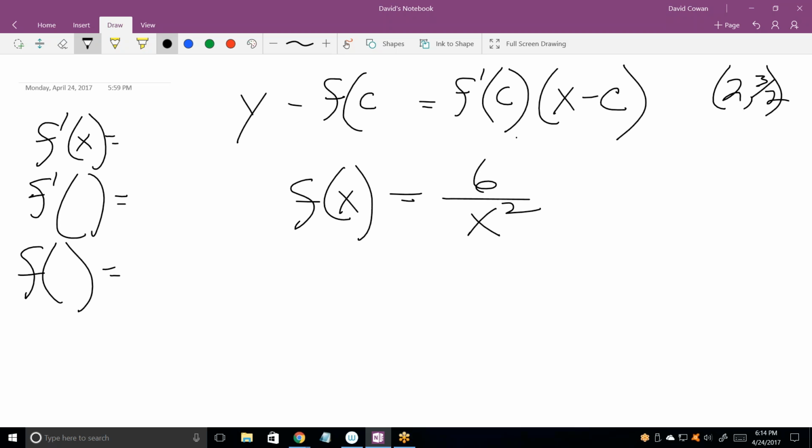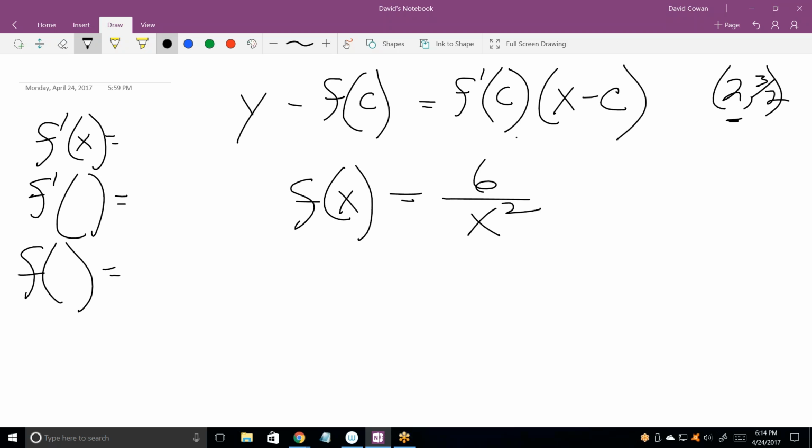Okay. So it's points close to 2. Yes. Notice that when we plug in 2, we get 3 over 2. In other words, that's x, that's f of x. It's the 2 that's our key point. In fact, we are not ever going to even use 3 over 2, I don't think.